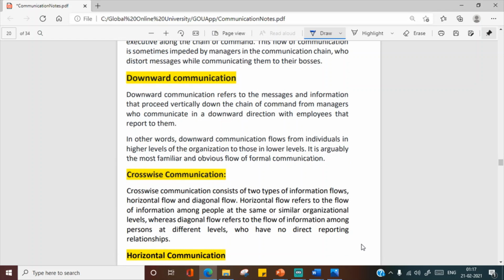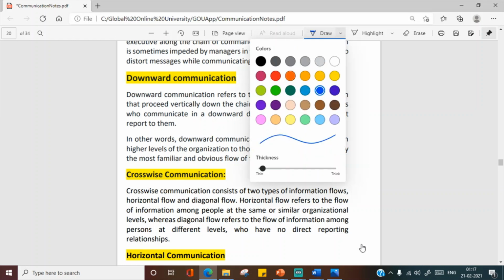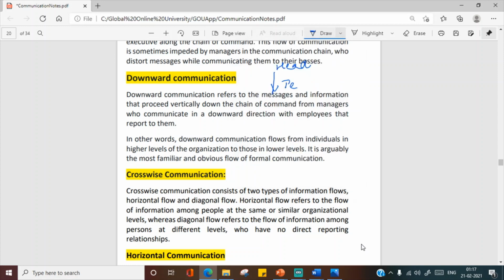The reverse of it is downward communication. For instance, the boss is giving instructions to the members of a particular team. So, from the head of the team to the team member.